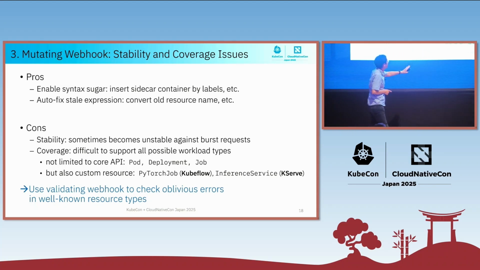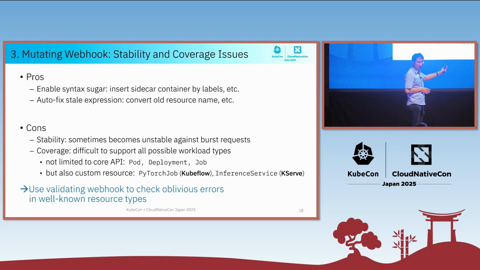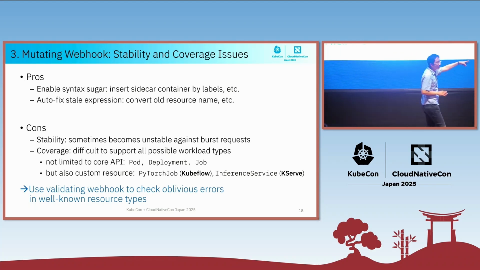That's okay. But in reality, there are many custom resource types in the AI workload management system. As someone said in the keynote speech, there's KServe, or another example is Kubeflow. They use their own custom resource to manage their AI workload. For example, PyTorchJob in Kubeflow or InferenceService in KServe. In that case, our hook can be applied to the derived resources. For example, InferenceService creates a deployment, and deployment creates pods.